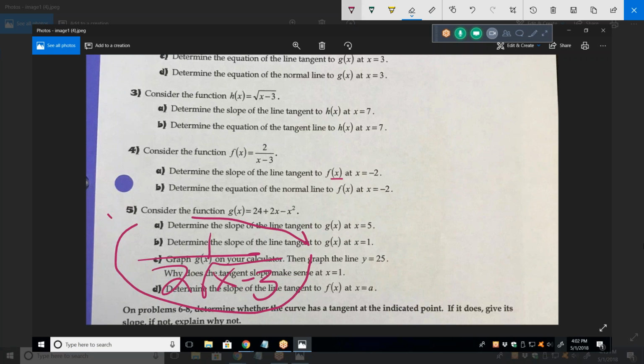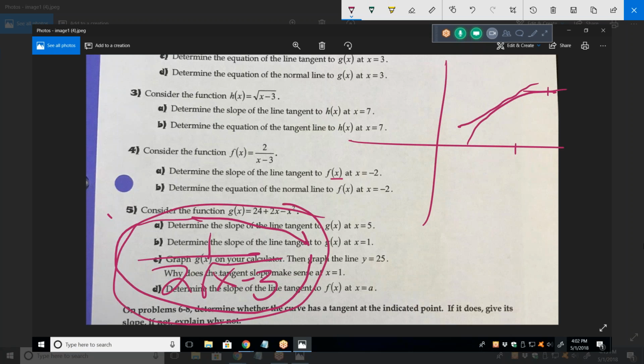In other words, it's the square root function, 3 spaces to the right. So notice that at 7, the slope of the tangent line is like that, but at 10, it's much flatter. That's why this is the best method, because this is more robust. If I want to know the slope of the tangent line at 7, then I take h prime evaluated at 7, which in this case gives you 1/4.